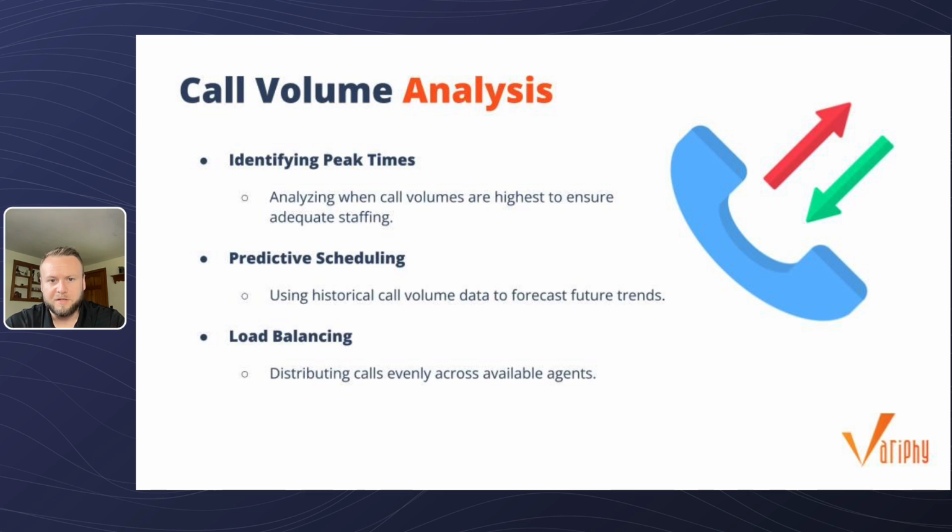Through this call volume analysis, you can make determinations. Let's say I've got QA that has 10 agents and QB that has maybe 5 agents. But we see that QA, with 10 agents, has almost no abandoned calls, right?